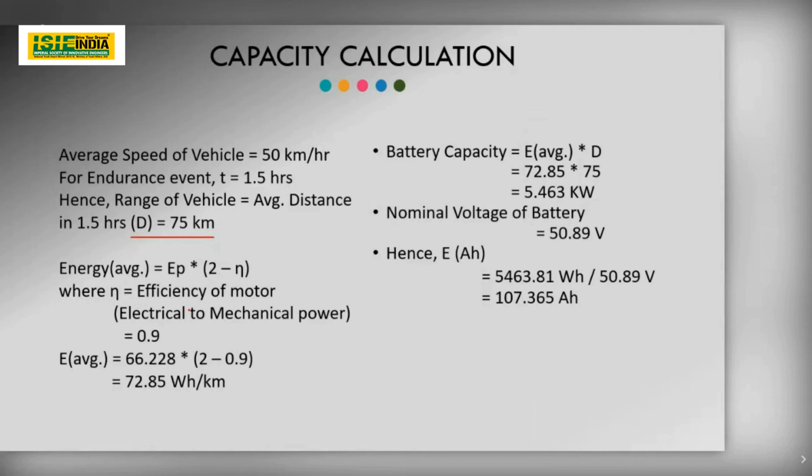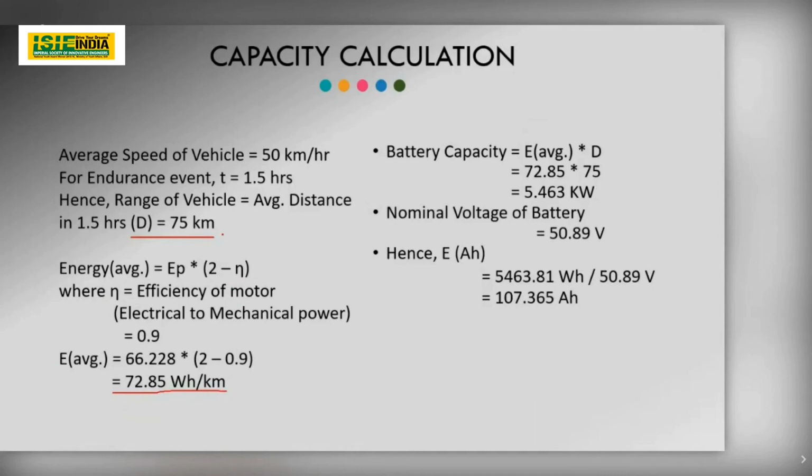According to the data sheet, the motor has an efficiency of 90% or eta equal to 0.9. So putting the value of eta in the formula, we get average energy equal to 72.85 watt hour per kilometer.